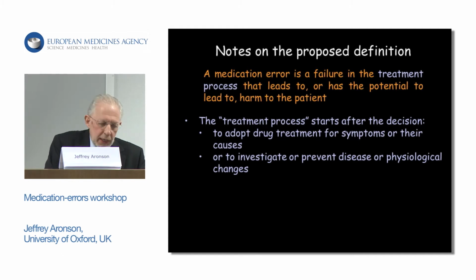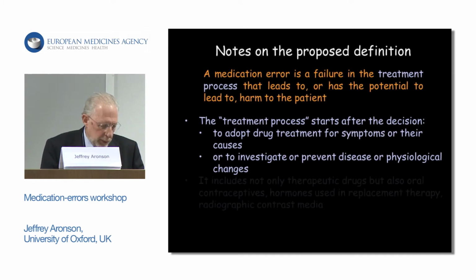The treatment process is when you decide to adopt treatment for symptoms or their causes, or to investigate or prevent a disease or some physiological change. It doesn't have to start with the individual patient. It could start with the principle that we want to treat a condition with a particular medication. And the pharmaceutical formulation would then come into the process.